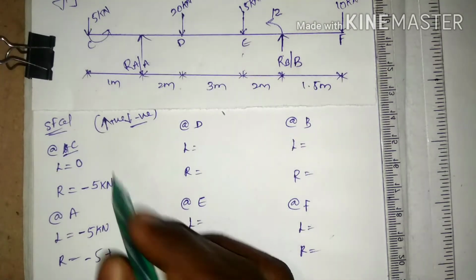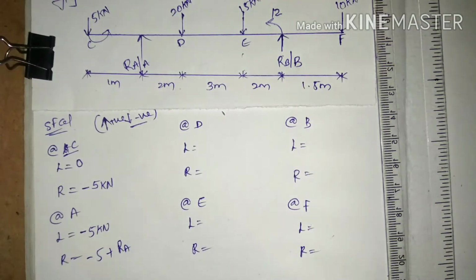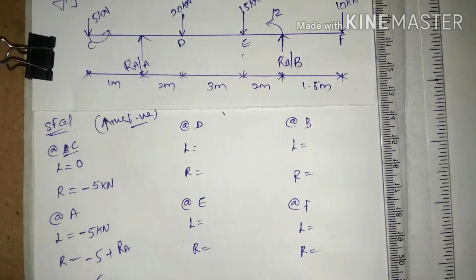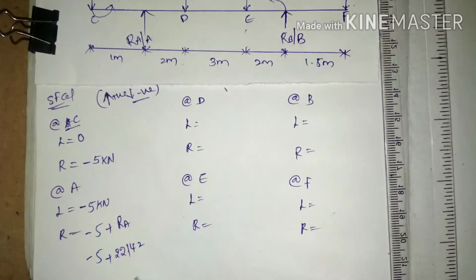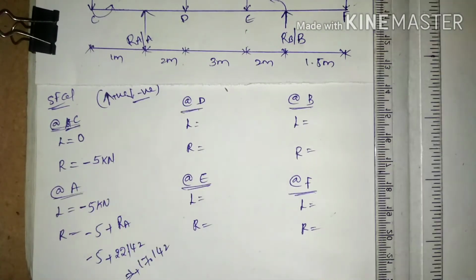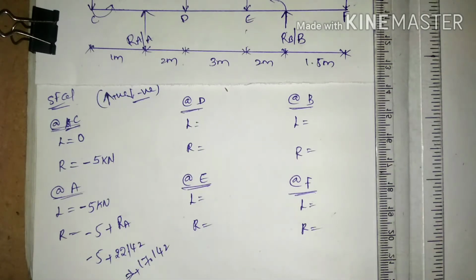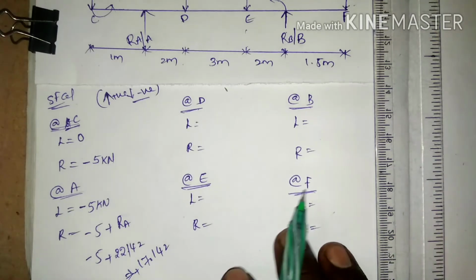Minus 5 plus, what is the RA reaction? We found 22.142. Simply do this in the calculator, or you can also do it by hand. Here we have the value of positive 17.142.